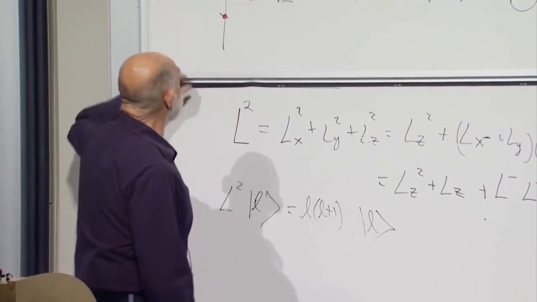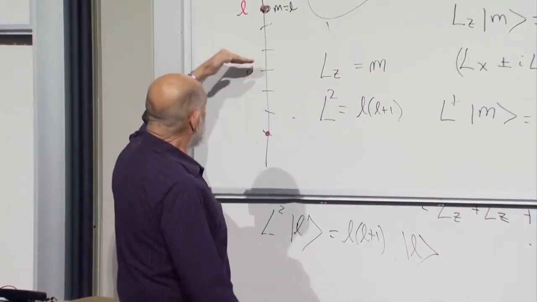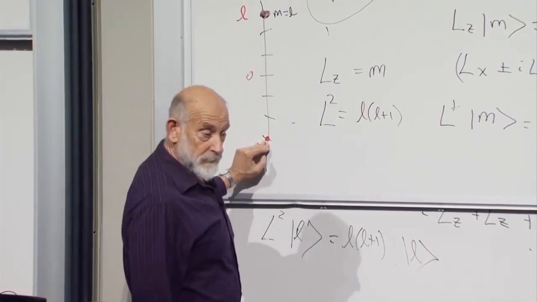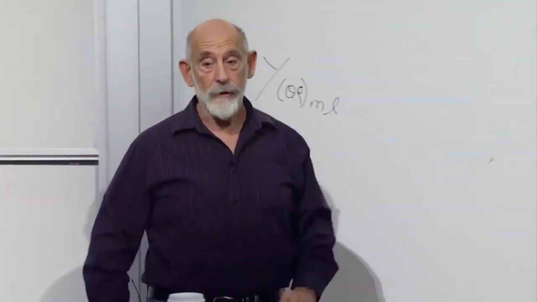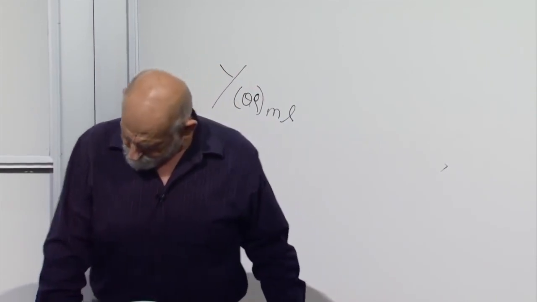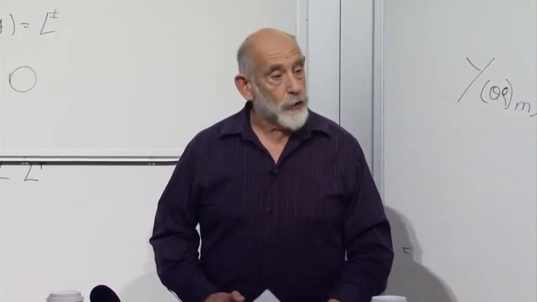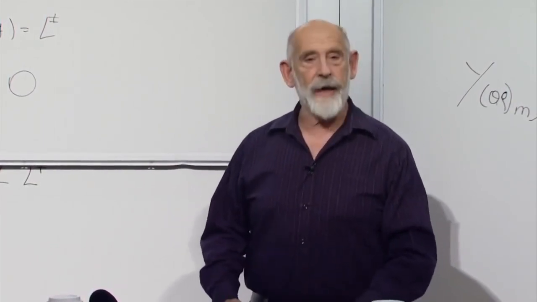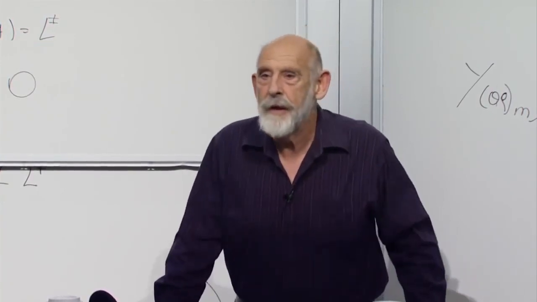The 2L plus 1 of them have magnetic quantum numbers, m, that range from 0 to L and to minus L, and that the square of the angular momentum is L times L plus 1. That's all we're ever going to have to really know to do atomic physics. Okay, any questions about the structure of angular momentum multiplets?